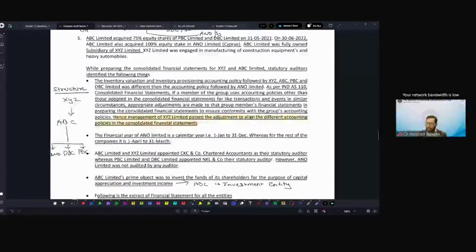Yes or no, for the long term? So as a result, if I say today ABC has a prime objective of investment, that makes ABC an investment entity. Now, if ABC is an investment entity, then ABC is XYZ.